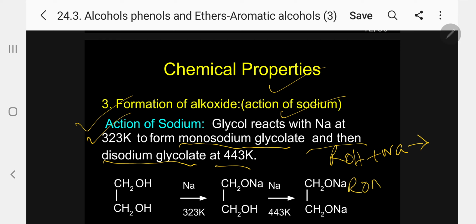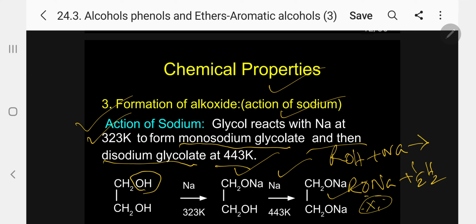It will produce sodium alkoxide plus hydrogen. This is the normal reaction. The same thing here also, the OH, so H is replaced by sodium, and hydrogen is liberated. We are getting first monosodium glycolate at 323 Kelvin. The second step is at still higher temperature, where another OH is also substituted to produce disodium glycolate at 443 Kelvin. This is also interesting information. Kindly follow.